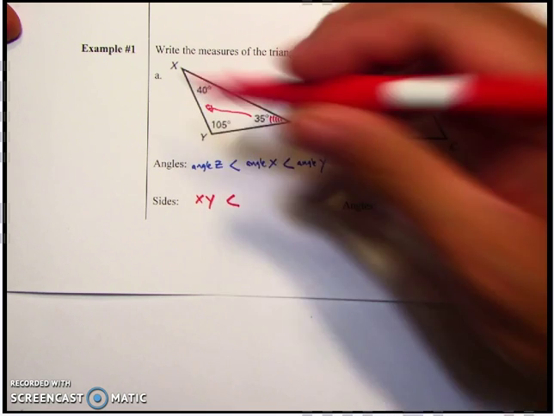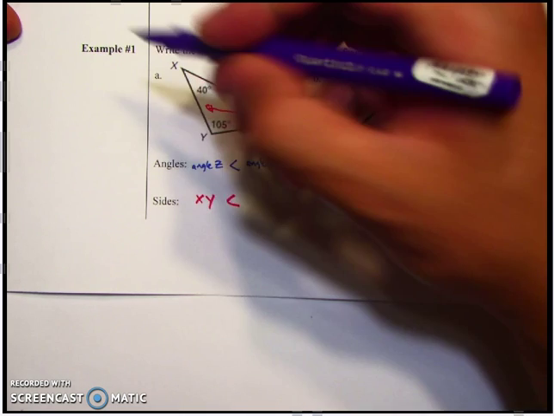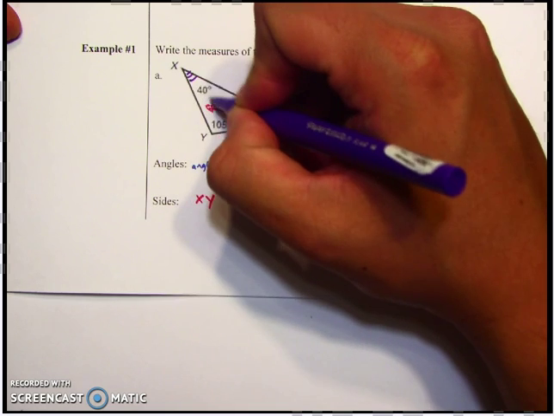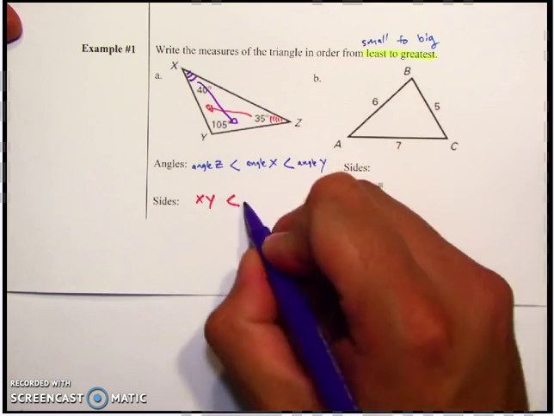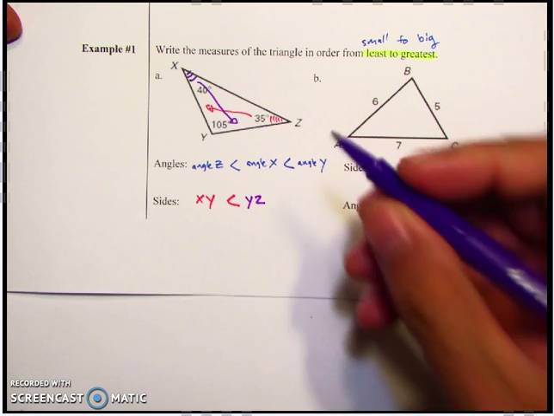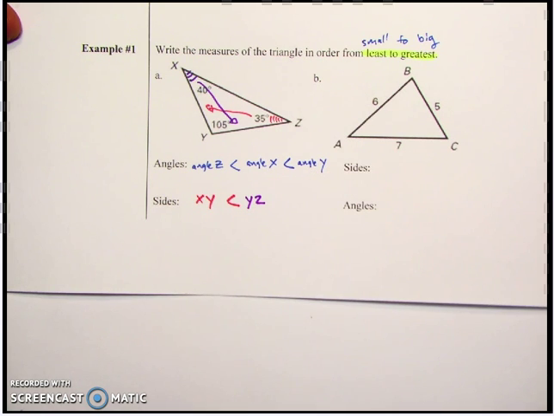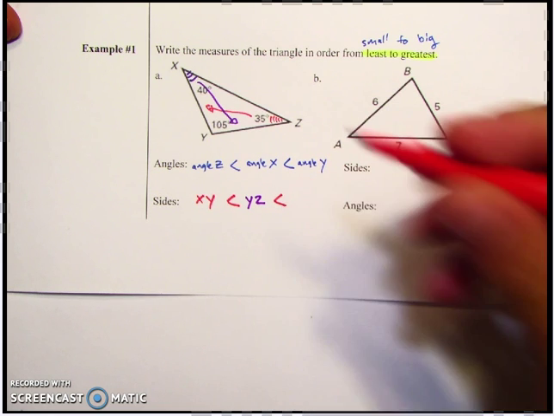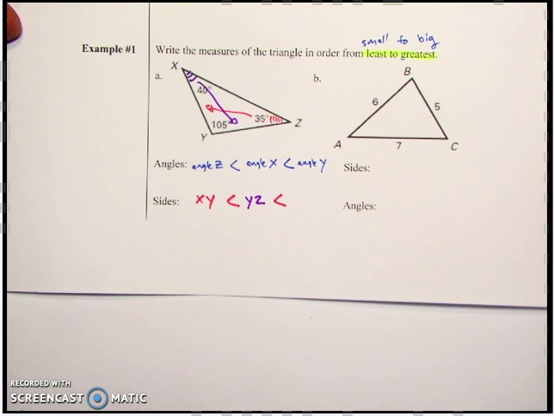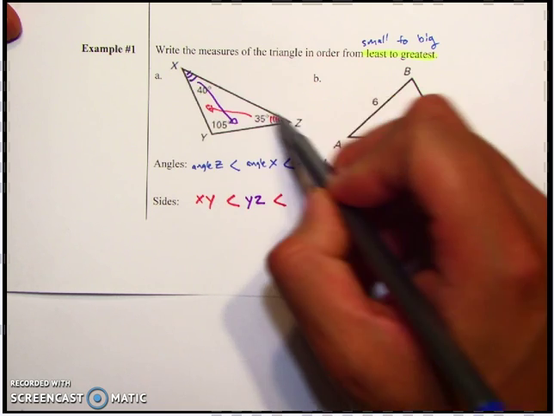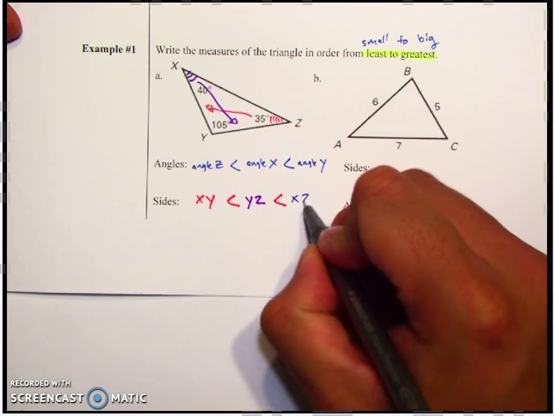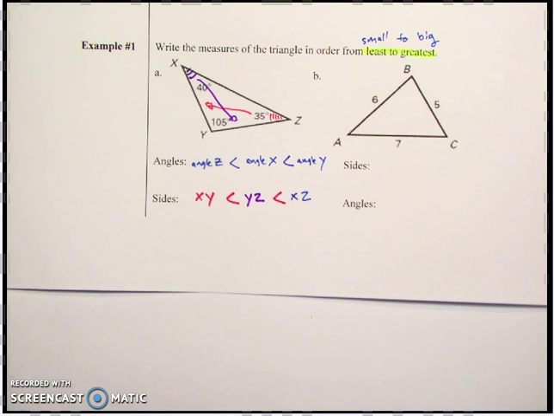So this 40 right here, angle F, will go all the way across this side here, so it'll be YZ. I'll just put them in ABC order, so that would be easier and consistent. And finally, the biggest angle here, angle Y, so that means my biggest side is XZ. Okay?